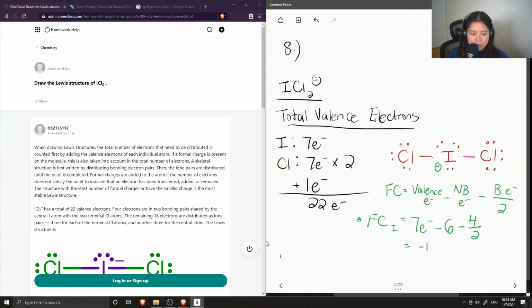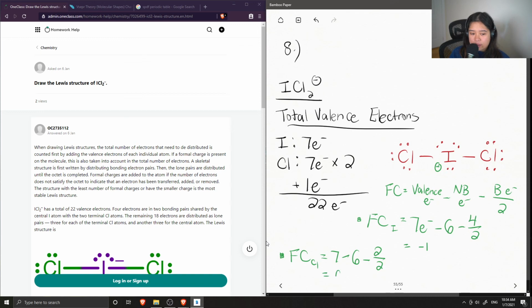So just to double check, let's see what our formal charge on one of the chlorine atoms would be. Chlorine also contains 7 valence electrons. There are 6 non-bonding electrons. And each chlorine only has 1 bond, so there's only 2 bonding electrons.